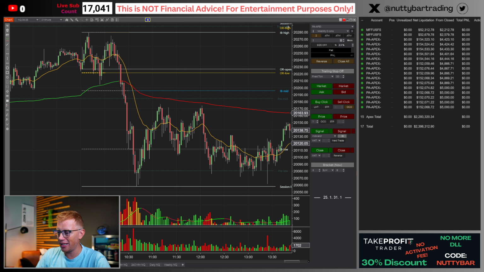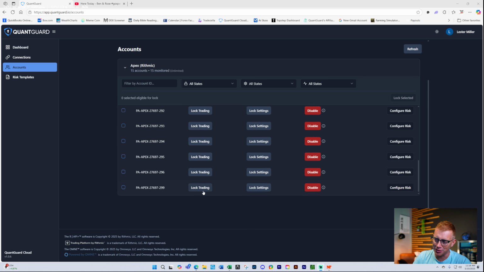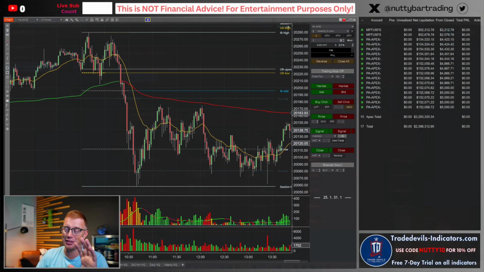I walked away, and thankfully, I went back and used this block trading, and I literally locked myself out of my Apex accounts. I could not trade the rest of those accounts the rest of the day. And I definitely feel like that possibly saved some of those accounts because there were some bad things going through my mind.